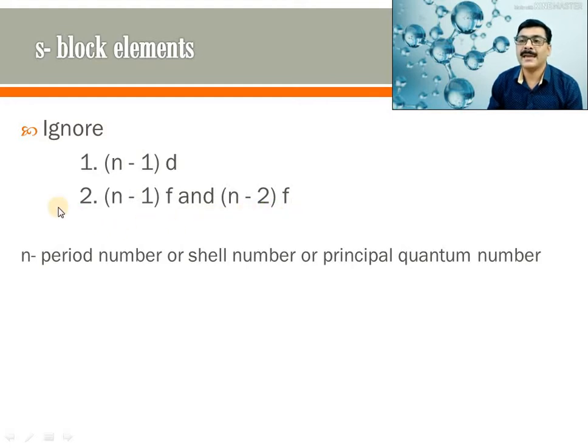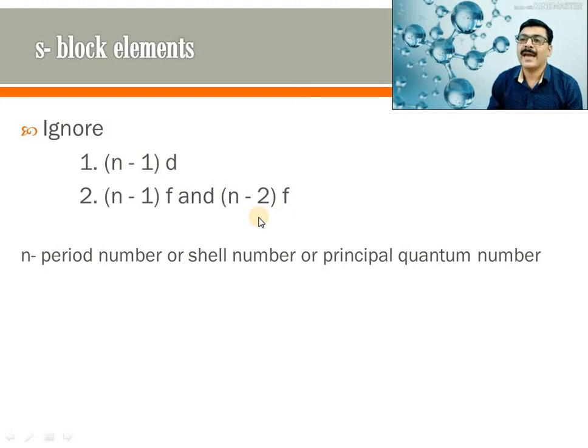Now for writing the shell electronic configuration for S block element, you have to ignore three types of orbitals, that is n-1 d orbital, n-1 f orbital and n-2 f orbitals.